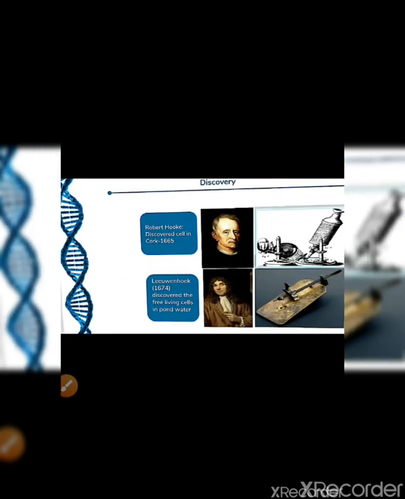After 9 years, one more scientist, Antoine van Leeuwenhoek, discovered the free living cells. What are free living cells? Free living cells means cells which can move. For example, bacteria, RBC, sperm cells and a lot of other cells. He was the first scientist who discovered free living cells.